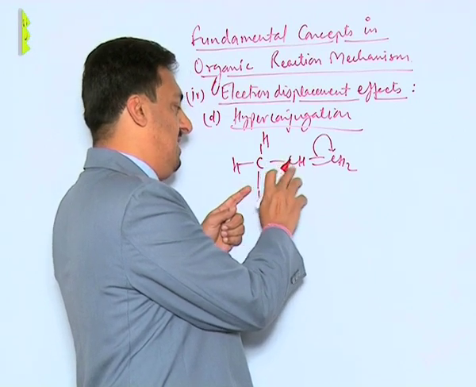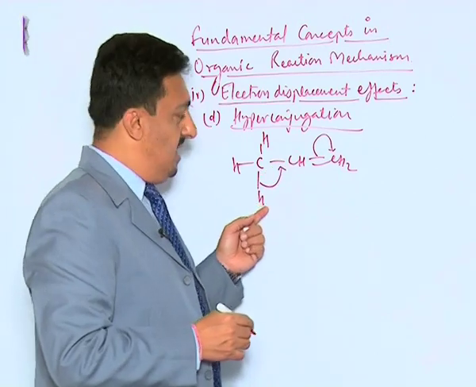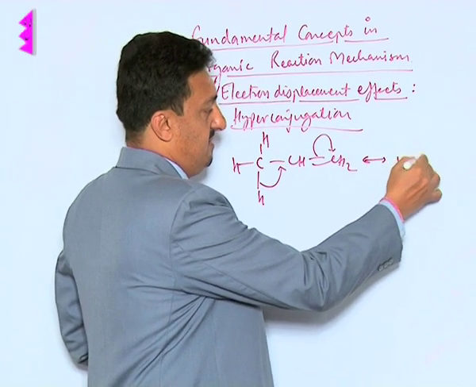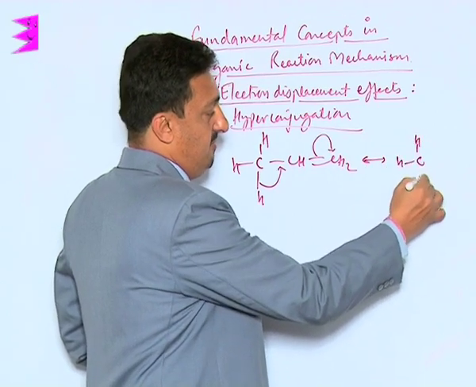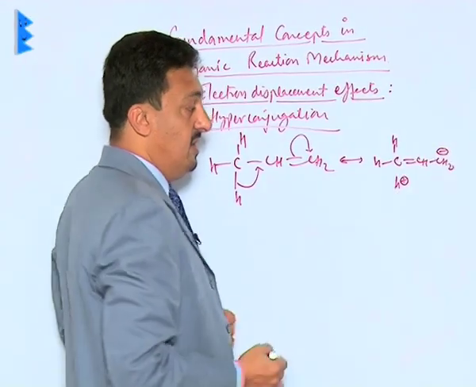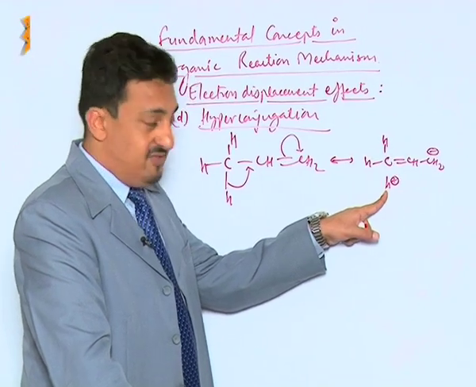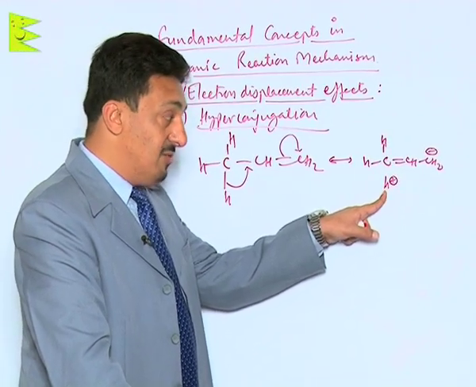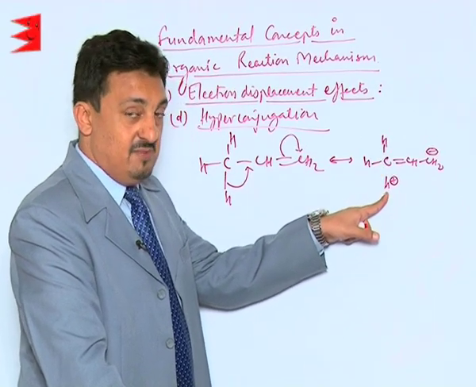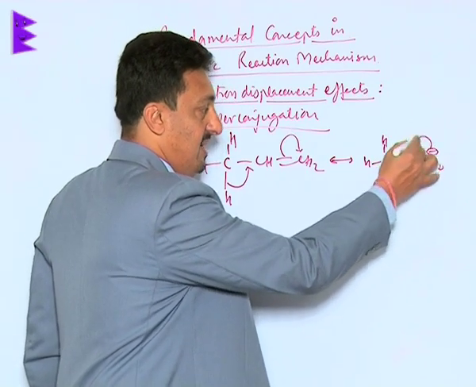It will ask for electrons from the neighboring carbon, which withdraws electrons from one of the hydrogens and starts sharing them. As a result, this hydrogen becomes positively charged, and this is how we acquire this structure. The hydrogen, being electron deficient, is not allowed to move out because it is still hanging in the p-orbitals of the sp2 hybridized carbon, and at the very next moment the backward movement takes place.